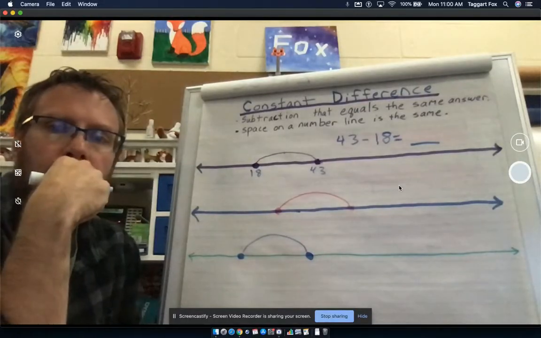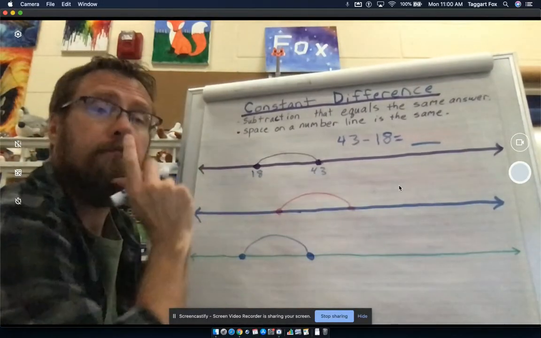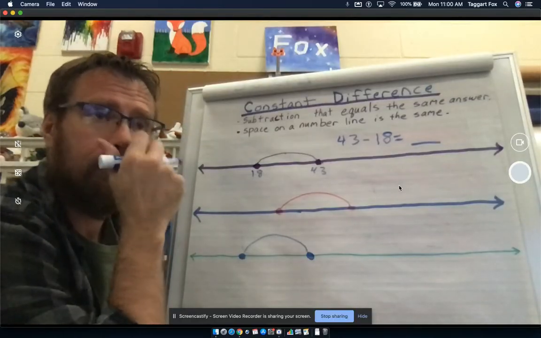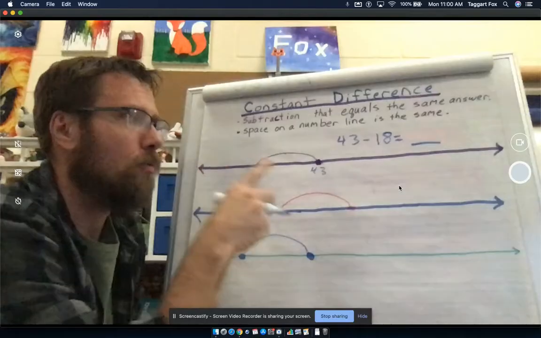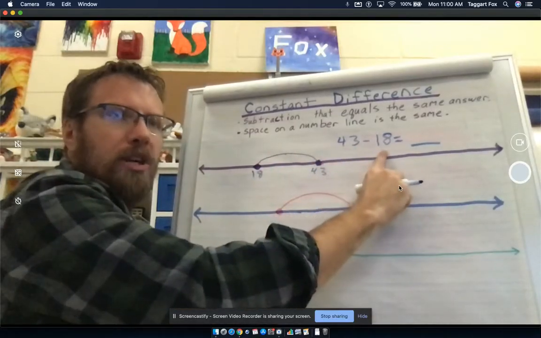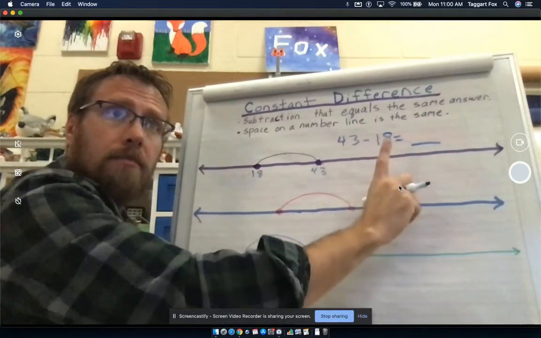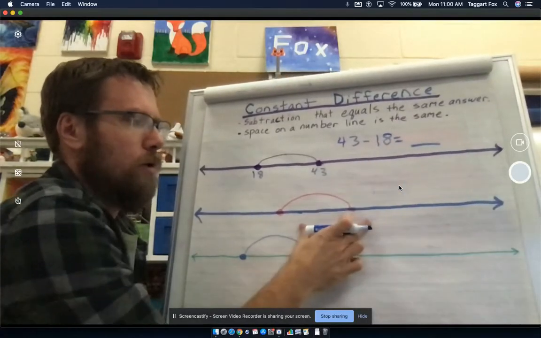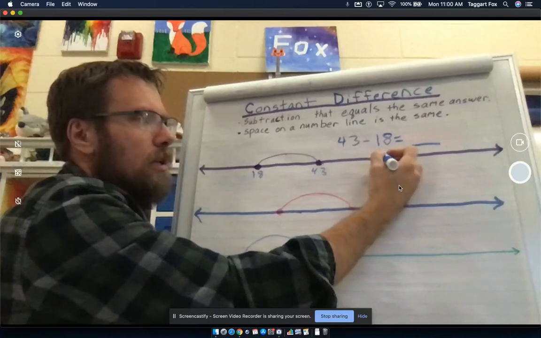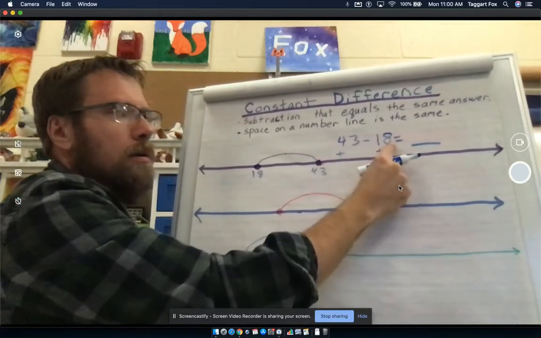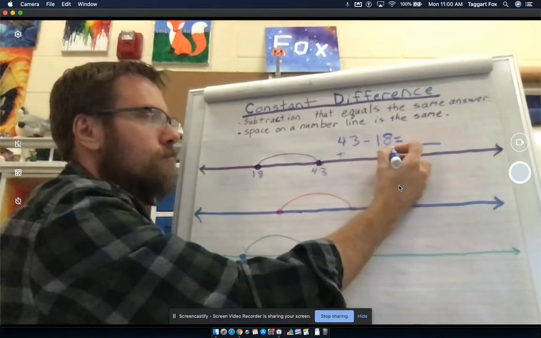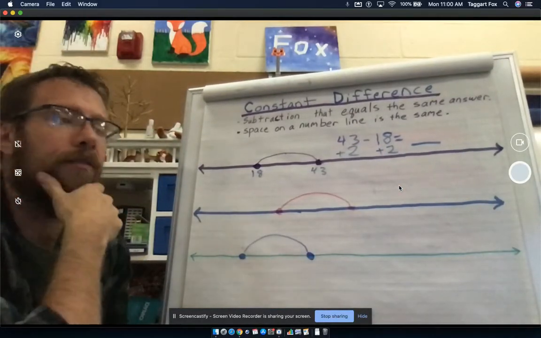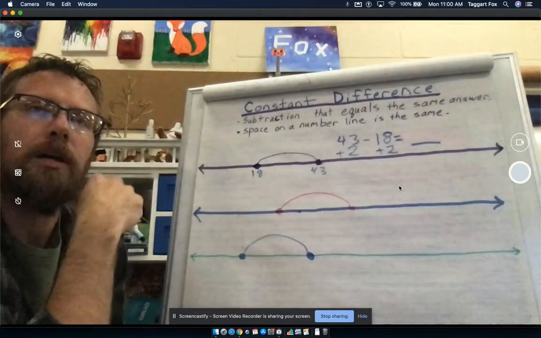Give it a try. Some of you are kind of sitting, it's this one we want to change. Do we want to take it up? Yeah. So let's go forward some. How many? 2, that's right. So let's take them both up 2. There, that's my hint for you if you're not quite started yet.